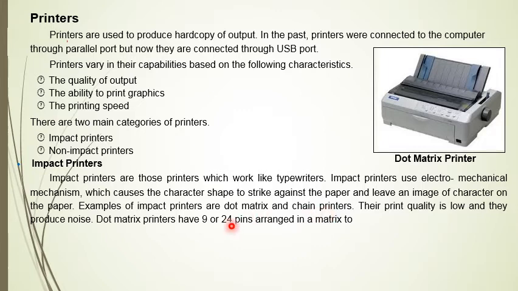But the problematic thing is that they produce noise, a lot of noise, because the head moves. Dot matrix printers have a 9 to 24 pin matrix to produce the print. You can see a picture of a dot matrix printer.